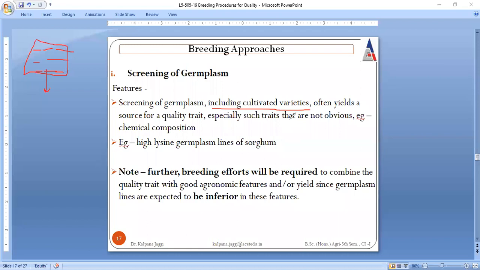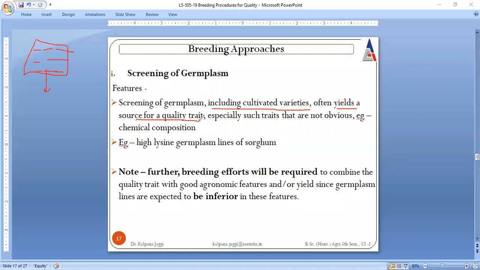Because we have already said that before we step towards germplasm as a source, we already have quality traits present in the cultivated varieties. So we must screen the germplasm, but the germplasm must include the cultivated varieties also. And when we go for screening, this screening yields a source for quality trait.